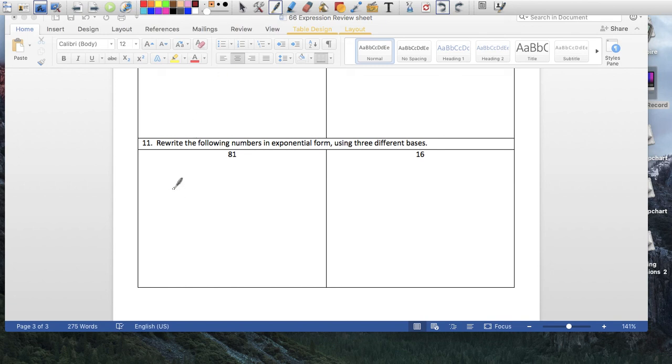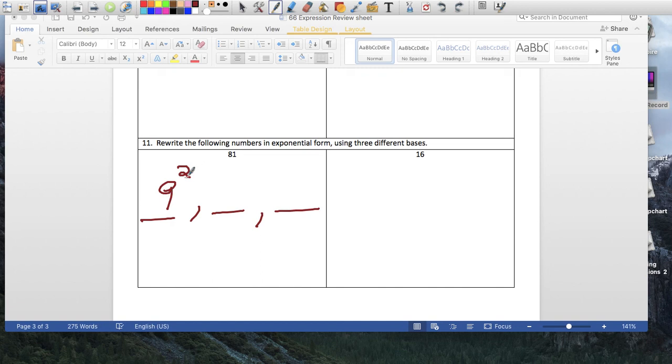Well, one of them would be the obvious, 9 to the second power. Well, it's not done because I'm asking you for three different ways of writing 81 with an exponent. So is there anything else that you can think of that multiplied by itself would give you 81? So take a little time to think about that.